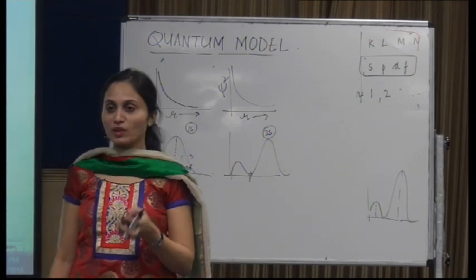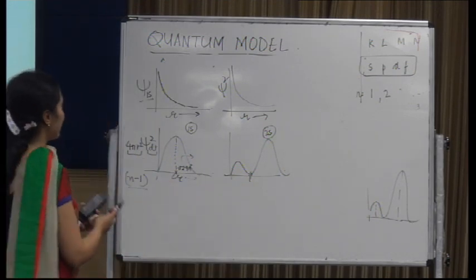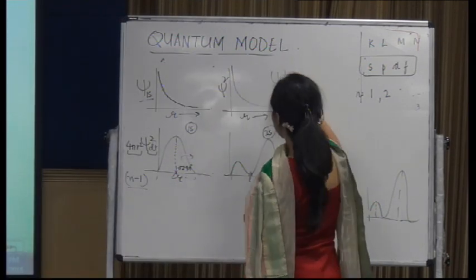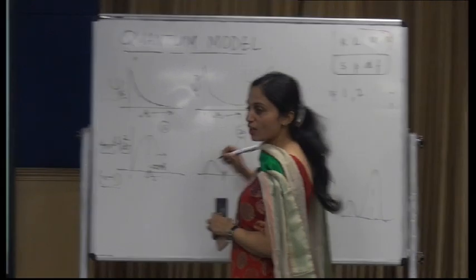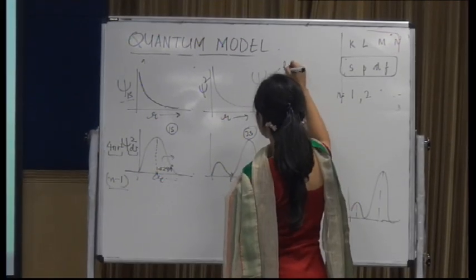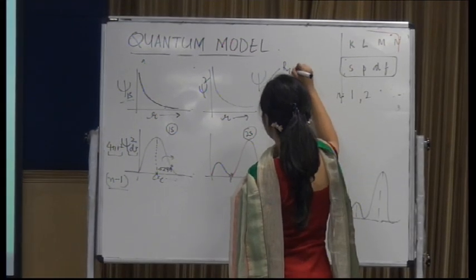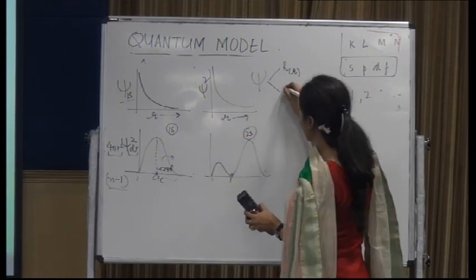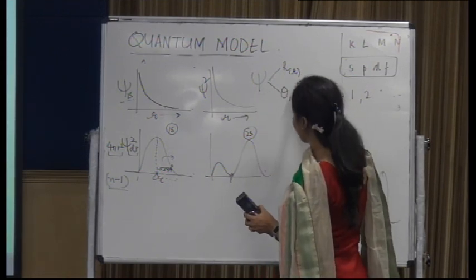See, radial nodes, I tell you, when you solve the Schrodinger wave equation, psi is dependent upon 2 parts. One is the radial part, that depends only on r, and the other is the angular part, that depends on 2 angles, theta and phi.